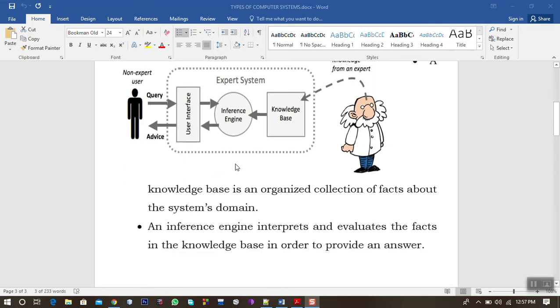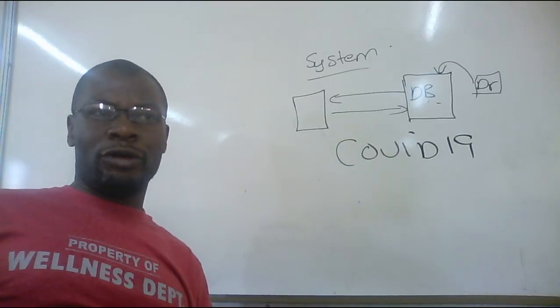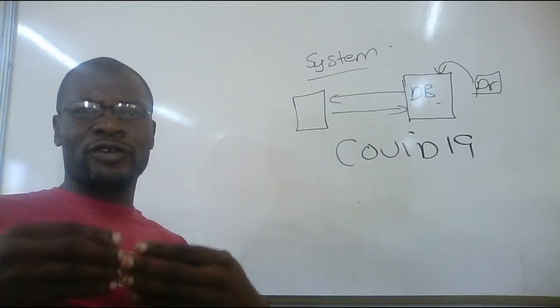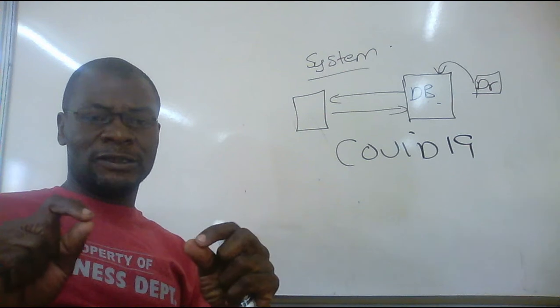All you need to understand is the user interface, inference engine, knowledge base. Knowledge base, this one, that's the database: an organized collection of facts, similar to the way we defined what a database is. Then the inference engine interprets and evaluates the facts of the knowledge base. What it means is that it interprets whatever you enter into the search engine. When you look at the knowledge base, think of it like the Google search engine.